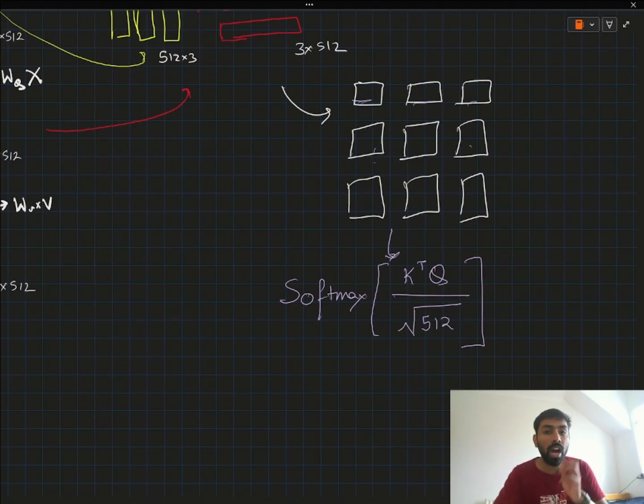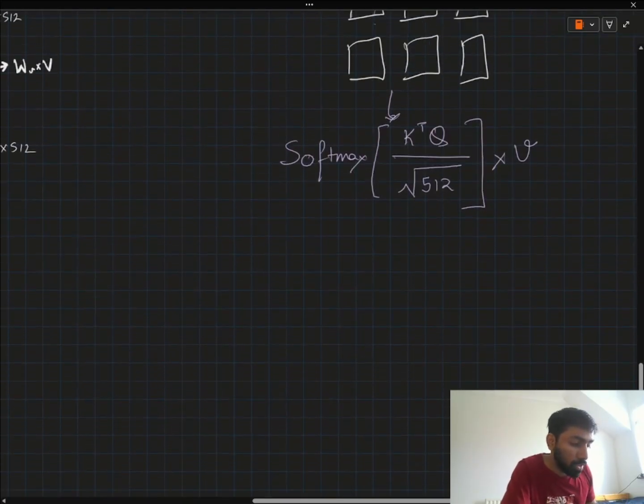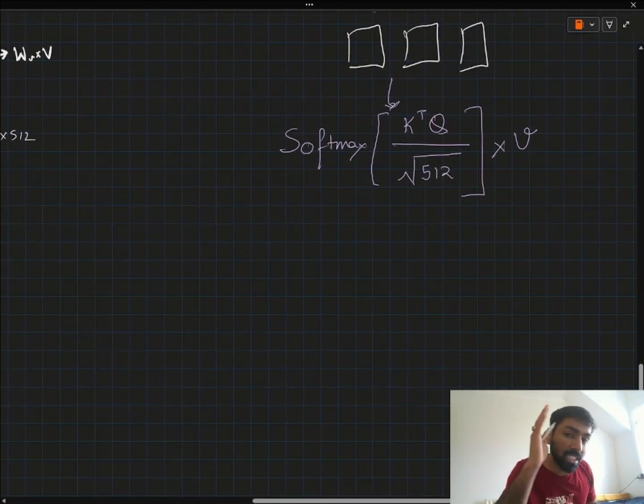After we get this K transpose Q by root dimension, we multiply it with the value vector. Why do we multiply it with the value vector? Because we have got the attention scores, and now we are multiplying them back with the value vectors. The dimension of the matrix is 3 by 3, but this is attention scores.